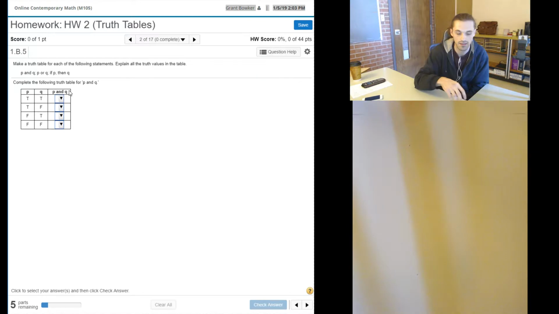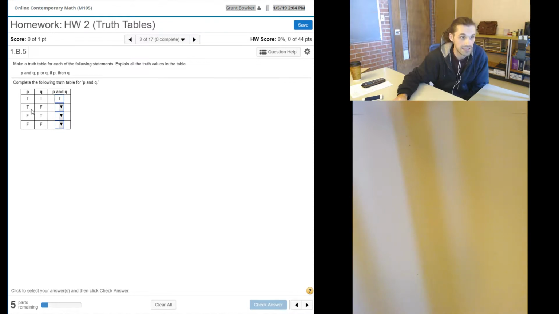If you're saying proposition A and proposition B are true, that implies that both A and B are true. So, as you might anticipate, this first entry, P and Q, is true because P is true and Q is true. Again, for an and statement to be true, both pieces must be true.